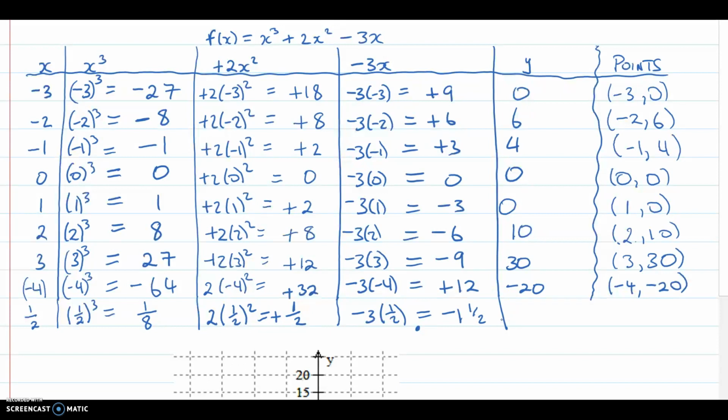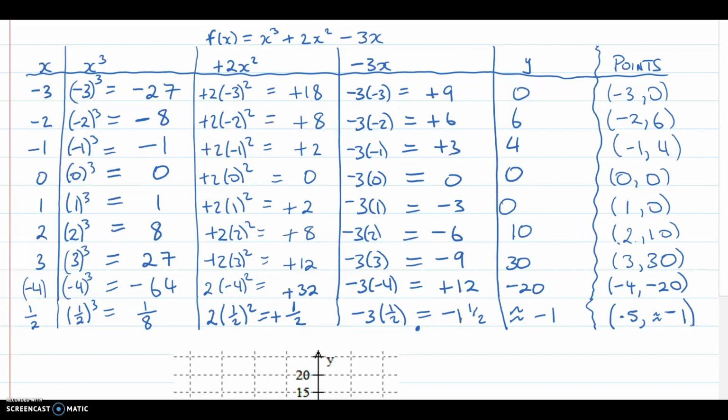Now if we add these three, 1/8 plus 1/2, that's 1/8 plus 4/8, that's 5/8. And minus 3/2 is minus 12 over 8. So 5 over 8 minus 12 over 8 is minus 7 over 8, which is almost minus 1. So something close to minus 1. So this would be 0.5 and then something close to negative 1.